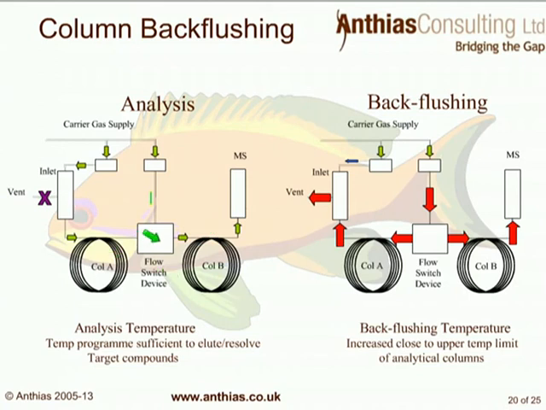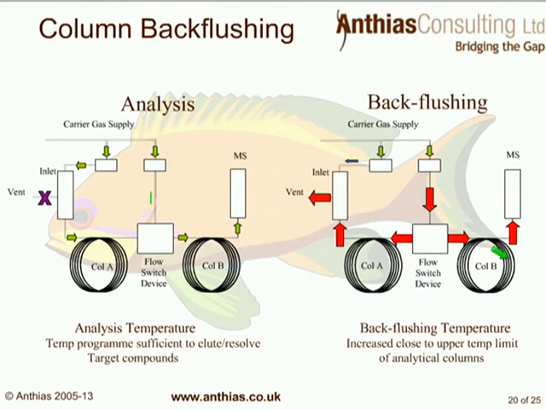So we analyse our sample through our system. Then, when we get the last peak of interest onto column B, or all the way into the mass spectrometer, depending on how we have the setup, then what we'll do is we will increase the pressure into our flow switching device, vastly reduce the pressure going into the system through the inlet down to about 1 or 2 psi, and that means that then the flow rate through the analytical column will be reversed.